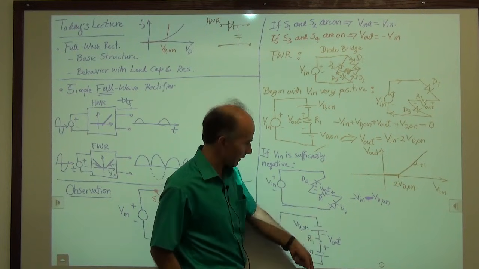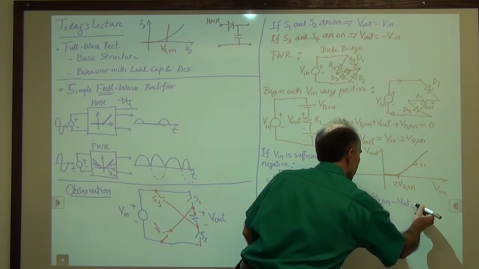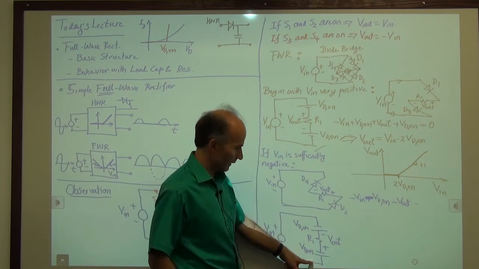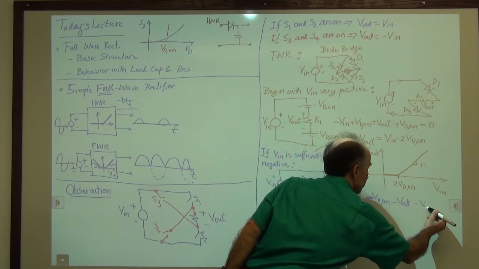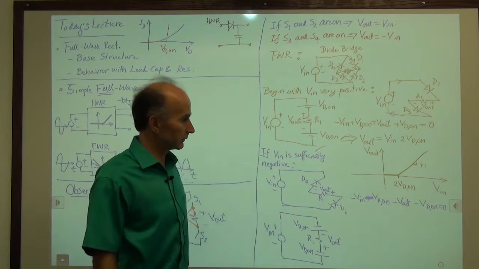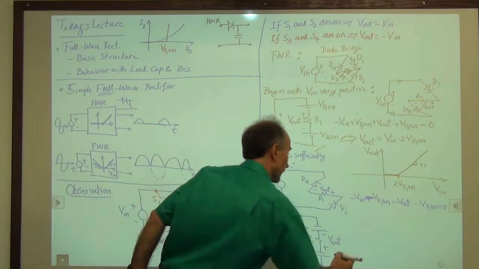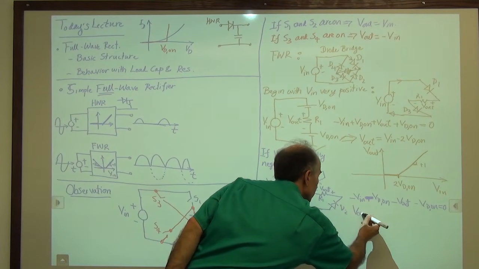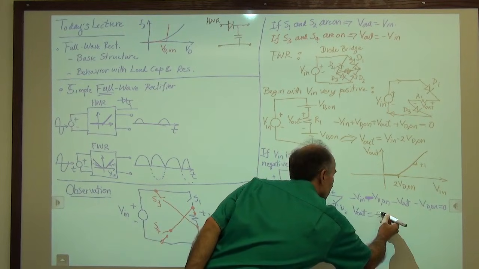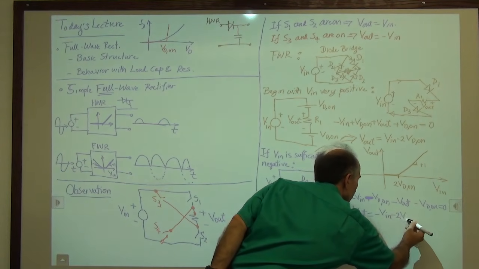So again, we're going this way, is minus V out. And then finally, minus VD on equals 0. So this says that V out is equal to minus V in minus 2 VD on.